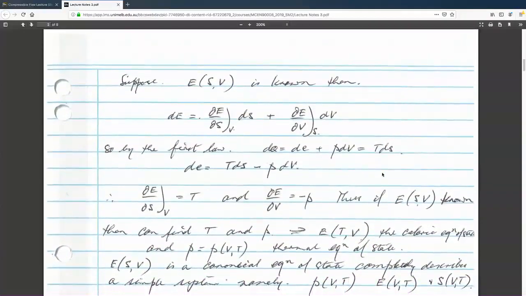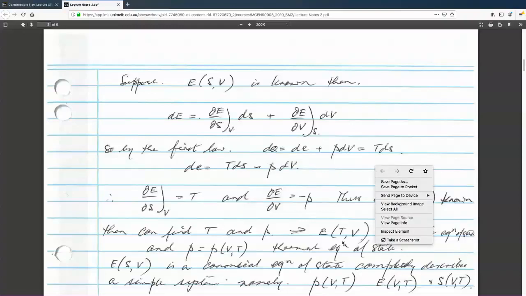So if we knew E in S and V, we would know T and P, and therefore we could construct any other function that we liked. For example, we could construct clearly the internal energy as a function of the temperature and the volume.